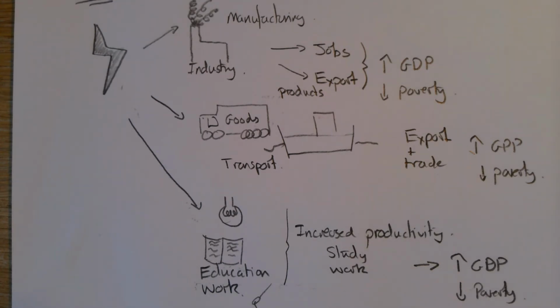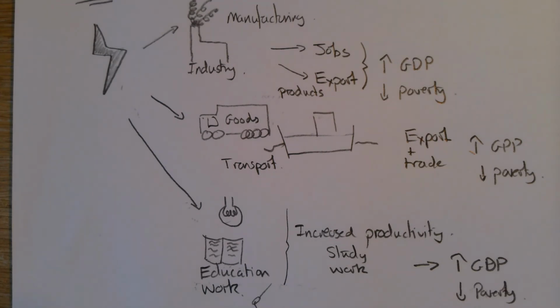Give me another thing that energy, a reliable energy supply, is good for in terms of the economy. That's right, it allows more transport. So we have lorries or boats that rely on the fossil fuel of oil to transport goods, and this increases trade and export, and once again increases GDP.